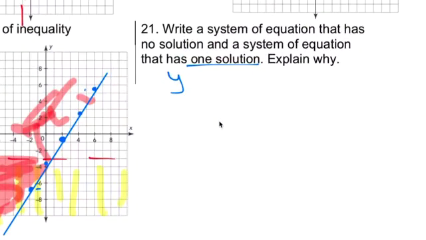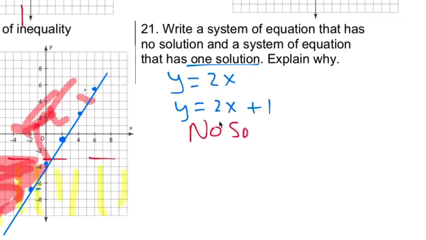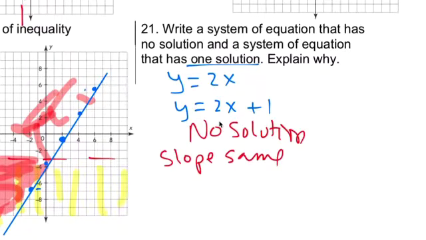No solution means they're parallel, so it would be y equals 2x, y equals 2x plus 1. Slope's the same, different y-intercept. No solution. Slope's the same, but different y-intercept.